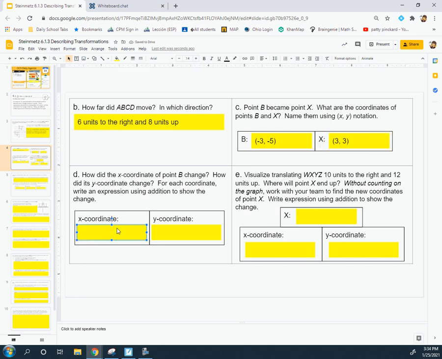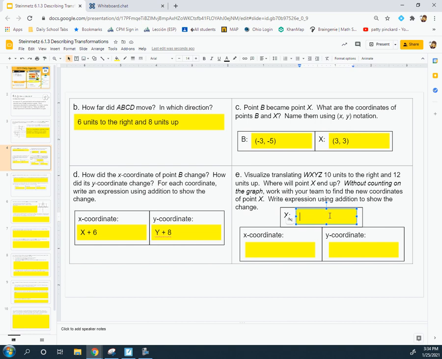So D says, how did the coordinates of B change? How did its y coordinate change? Write an expression. So we're going to say that x plus 6 is our x coordinate because it moved 6 to the right, and y plus 8 is our y coordinate because if I add 8, negative 5 plus 8 is 3. Negative 3 plus 6 is 3.